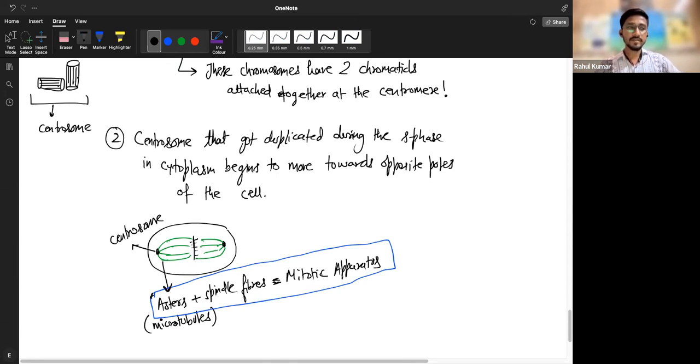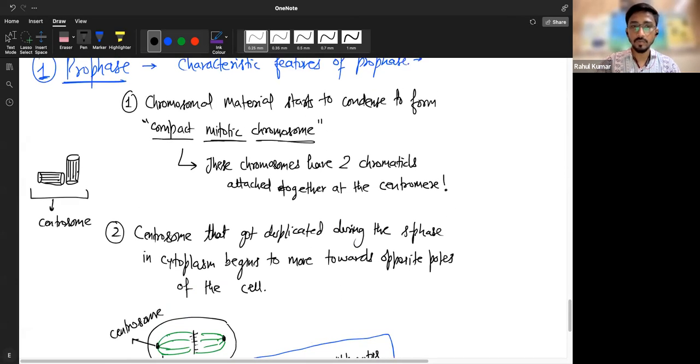Is this clear? What happens in prophase? In prophase, the preparations have begun in both places. In the nucleoplasm, chromosomes have started compacting, and they are having 2 chromatids each.